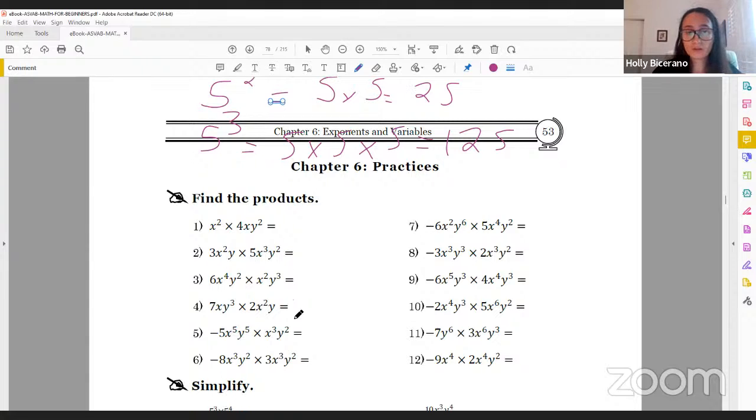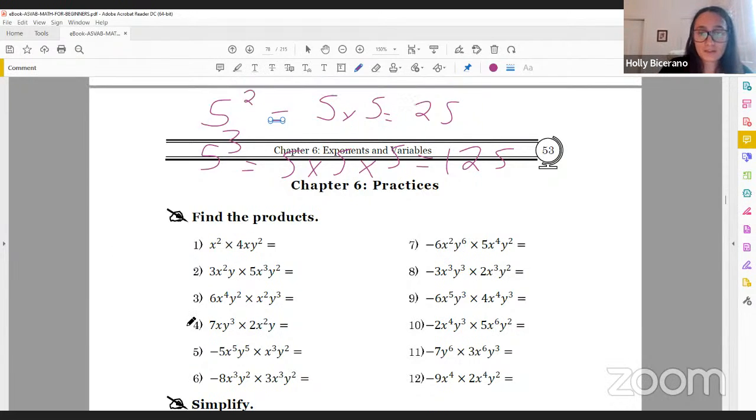So we said the product rule is when you're multiplying with exponents, the way you do that is you add the powers. Okay, so an example would be, let's say you had a problem like x to the power of 5 times x to the power of 3.